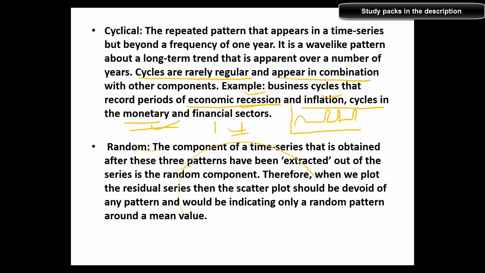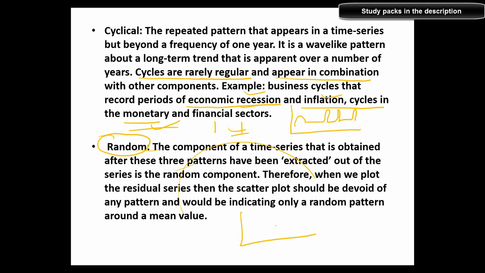So some factor really affects this. It's not just because of the time factor, like festivals, which are already pre-decided. But budgets are not. The decision of coming up with a new budget is random. The government decides when it's going to come up with a budget. So that's cyclical.